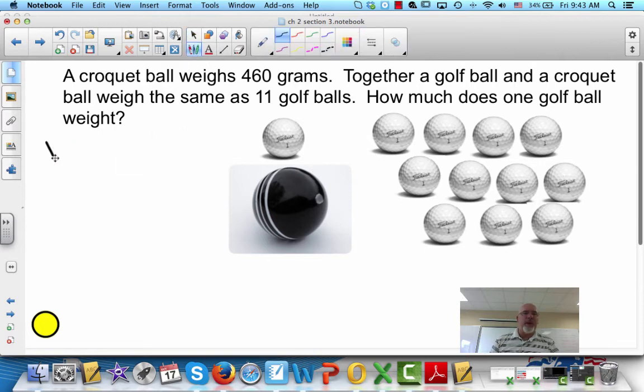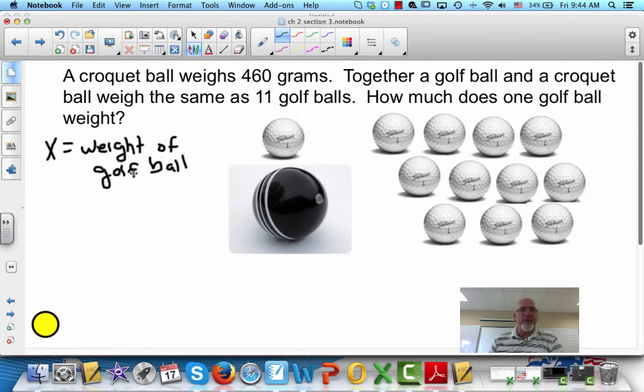You're going to write x equals weight of golf ball. And you know the weight of the croquet ball right there. So take this information, see what you can do, and then pause the recording and get back to me, okay?